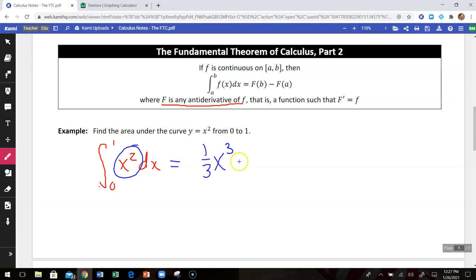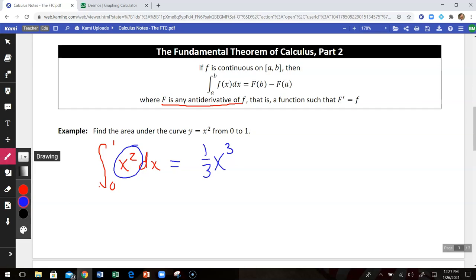I'm going to go ahead and put plus c just to show you why we don't need to put plus c. Okay, so I'm going to do this, and I'm going to evaluate it, and you'll see why it's not really necessary to put plus c. Because, again, c could be any constant that you want it to be. And I just want to show you that no matter what you put there as that constant, it really doesn't matter. And so you might as well make c be 0.